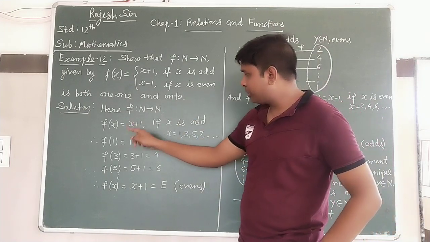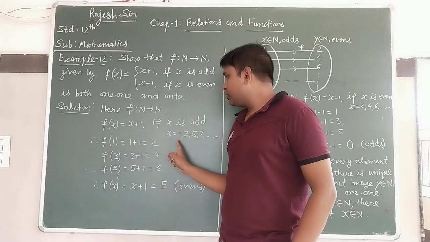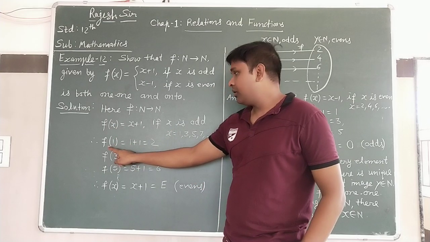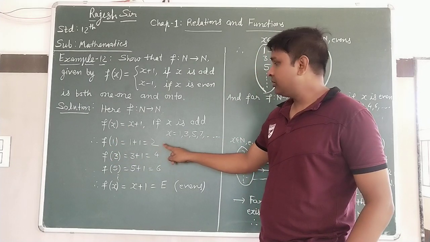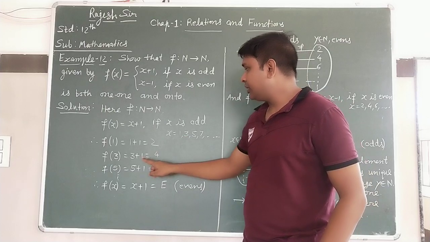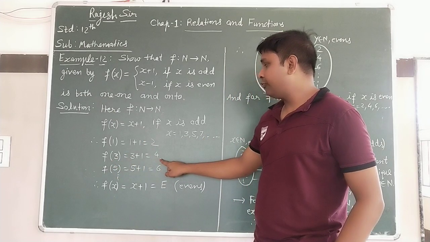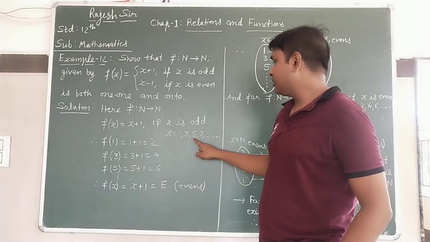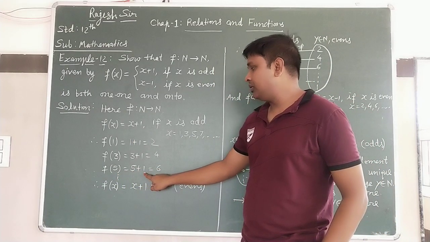So one by one we place these in this function with this condition. x equals 1, we place first: f(1) equals 1 plus 1 equals 2. If we take the second value 3, f(3) equals 3 plus 1 gives 4. If we take the third value, f(5) gives 5 plus 1, 6.